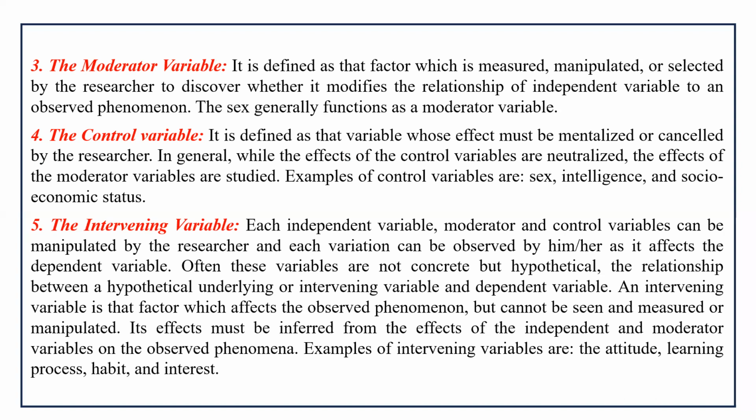For example, in an experiment, suppose you want to observe the growth of a plant, the temperature can be classified as a control variable. If it is controlled during an experiment, of course, you have to control the temperature.